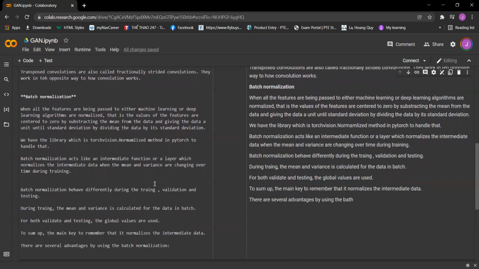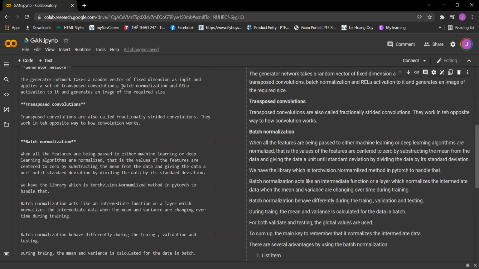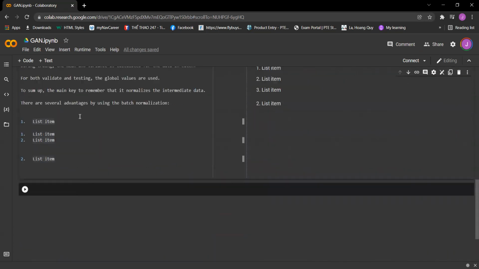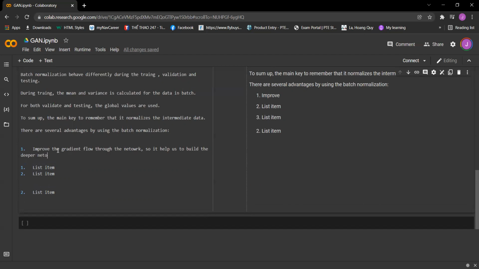The first one is it improves the gradient flow through the network, so it helps us to build deeper networks.